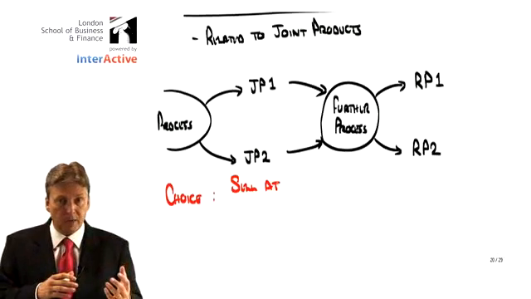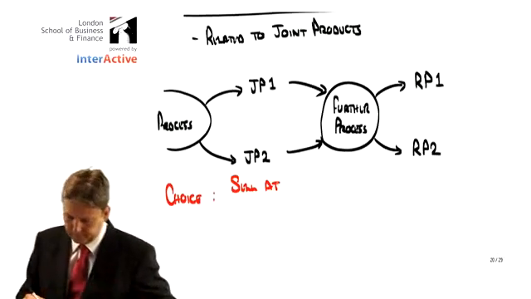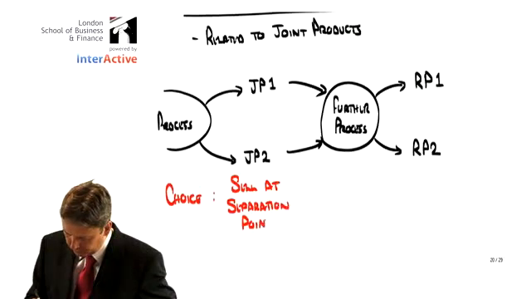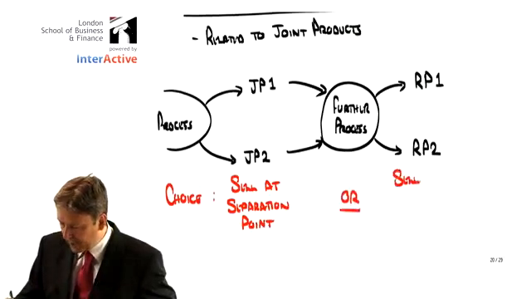Only can we identify them accurately when they separate or split off. So we can sell at the separation point, or we can sell after further processing.